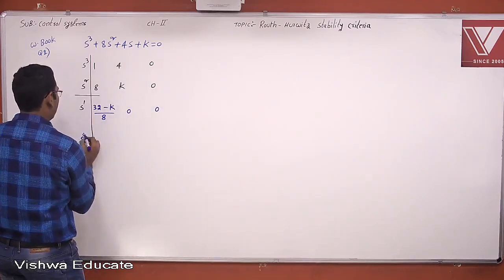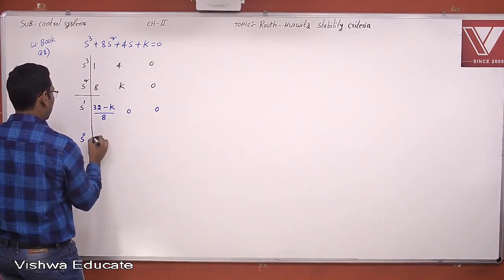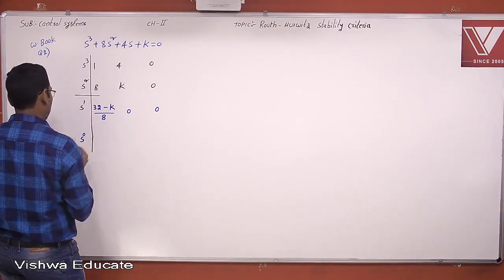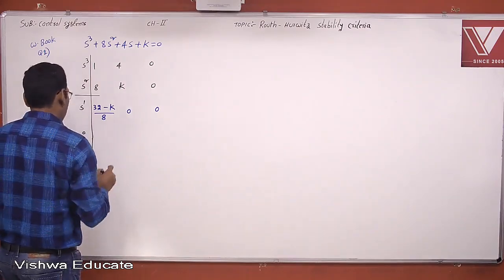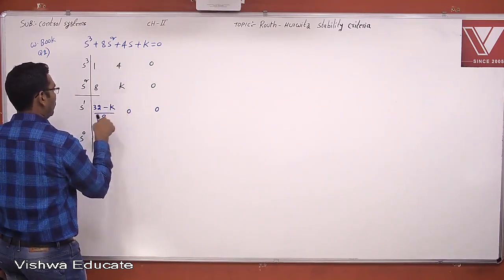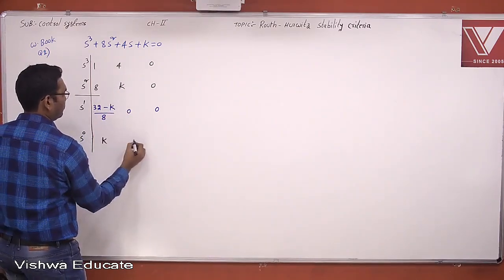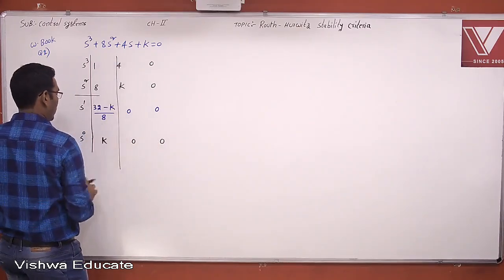Now s power 0: k. Now this is the first column coefficient.